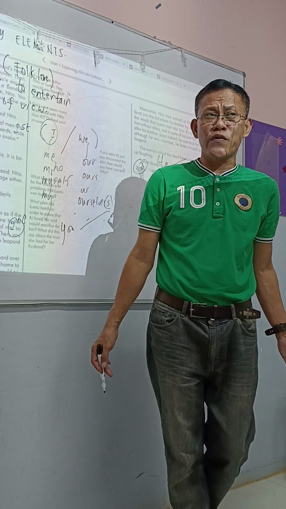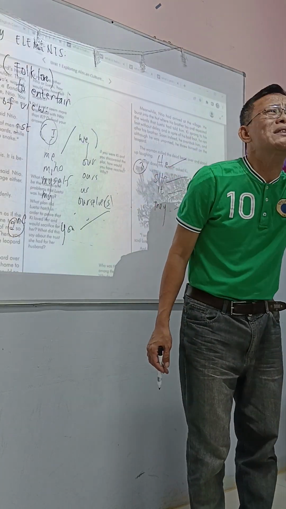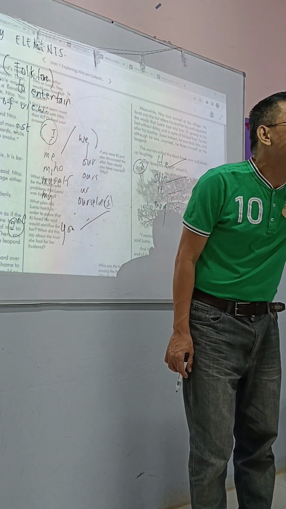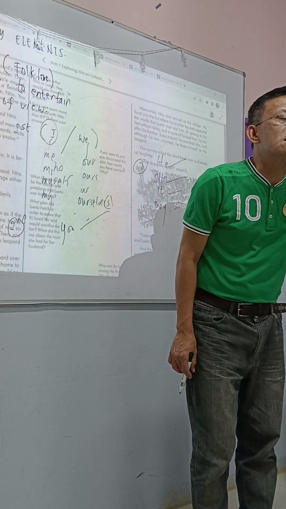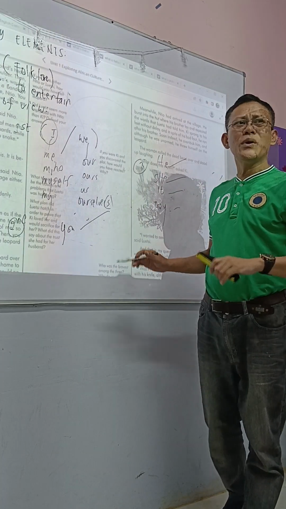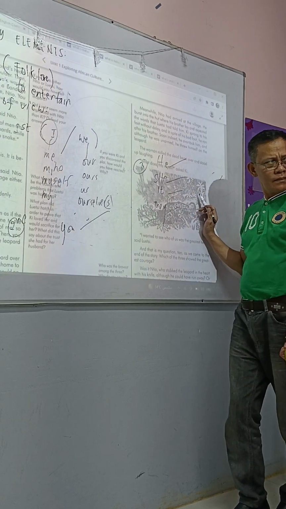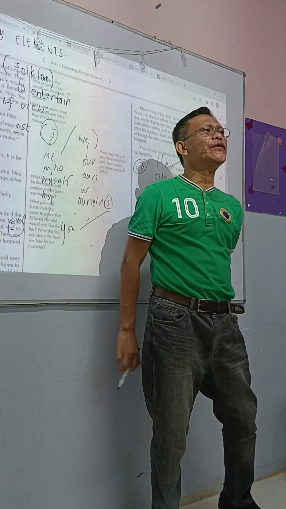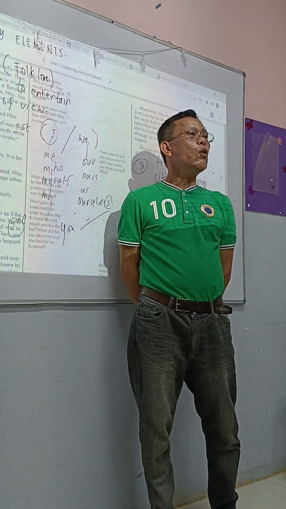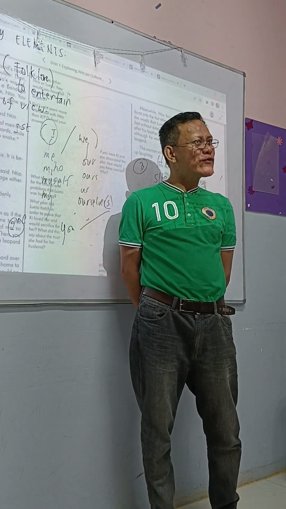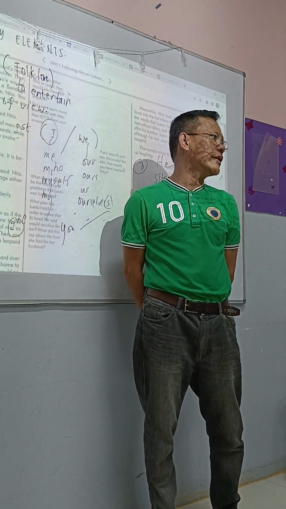What is the author's point of view of the story? What was the story's title? Louder your voice. The Leopard. What is the author's point of view? Third. Why third? You have to tell me why it is third.